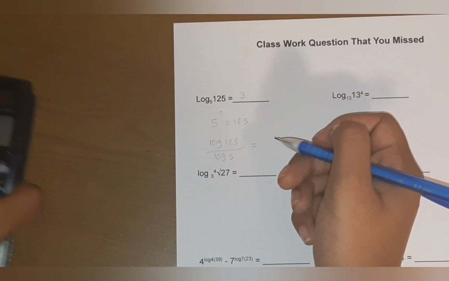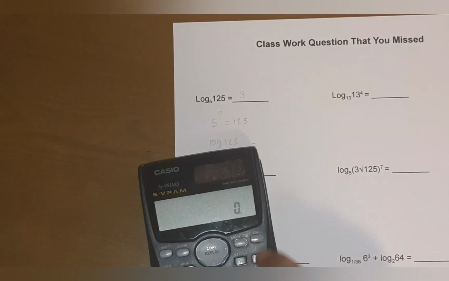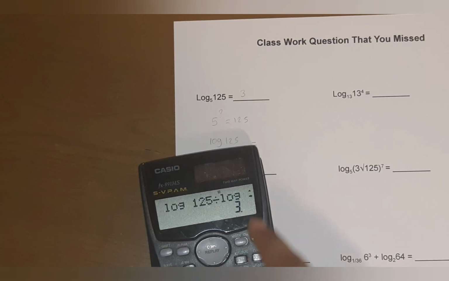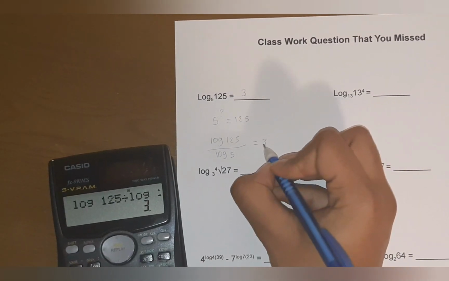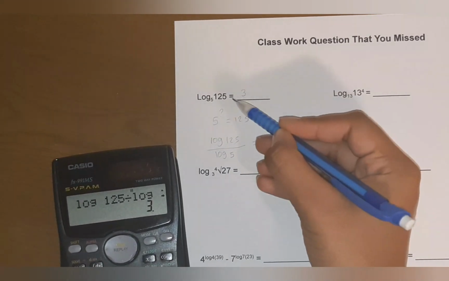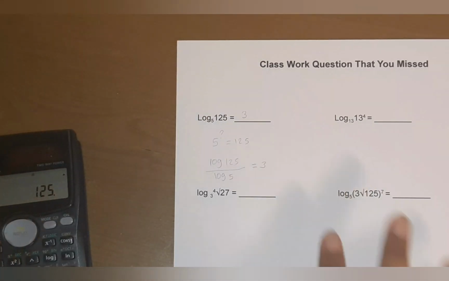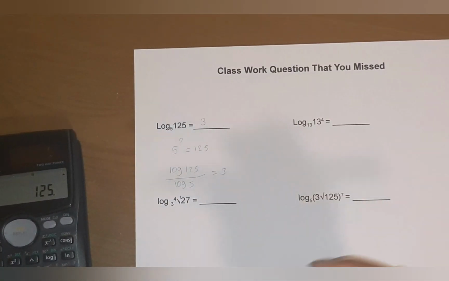And if you plug that into your calculator, you should get 3. And we do. And basically that proves that 5 to the power of 3 is equal to 125. And we check, and there we go. That was a very simple question, and hopefully that made sense.